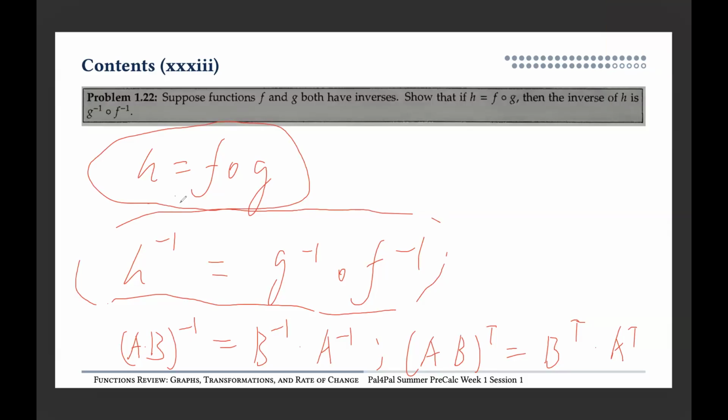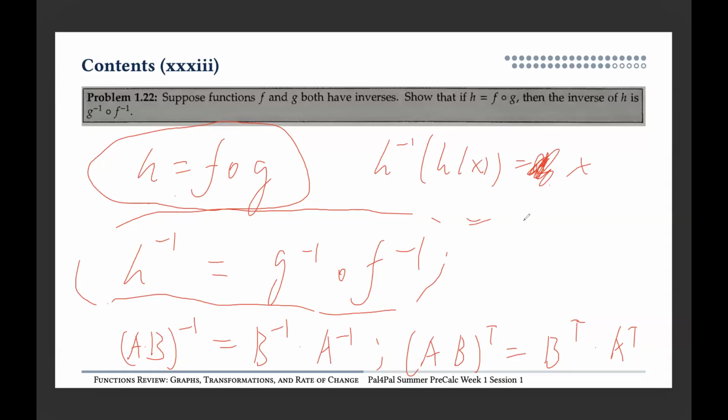So h inverse of h would be g inverse composed with f inverse composed with f composed with g. Then that would simplify down to g inverse composed with g, which becomes x.